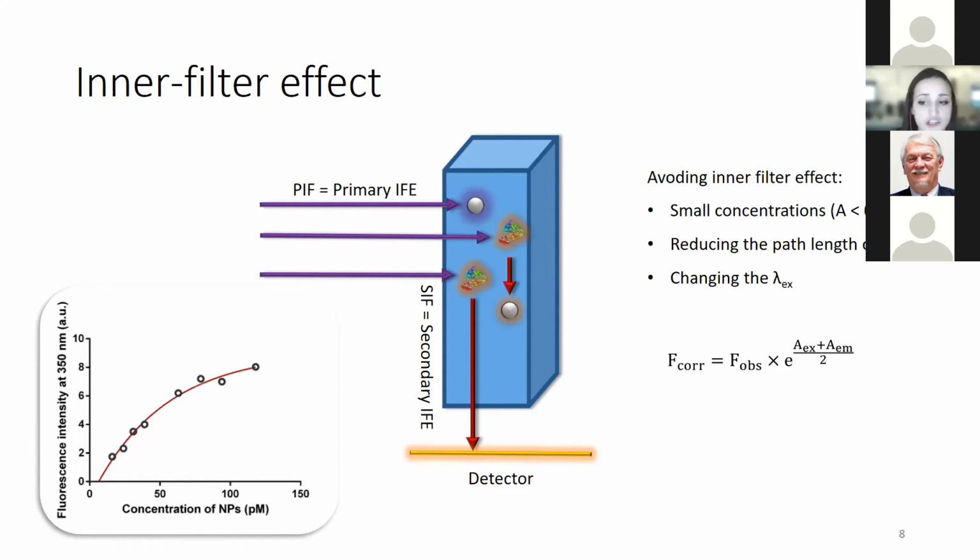Or you can change the excitation wavelength to one where nanoparticles do not absorb that much. If it's not possible to avoid it, then you can use this correction formula. You only need the absorption of nanoparticles at the excitation and emission wavelength.